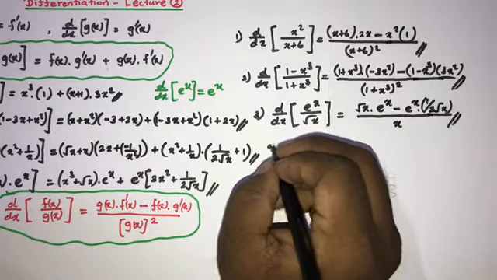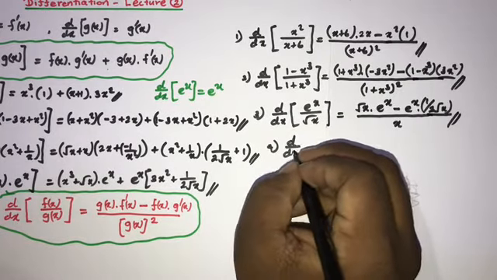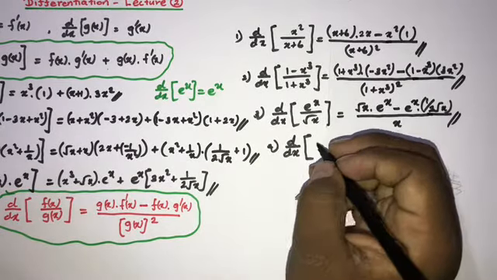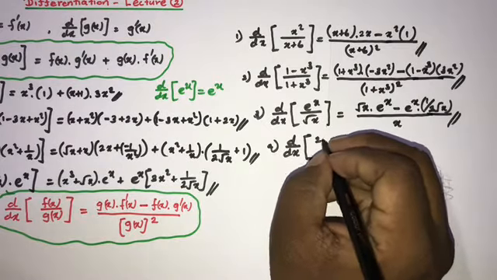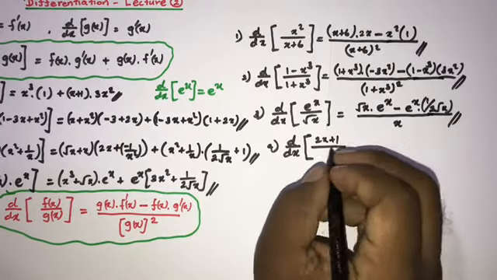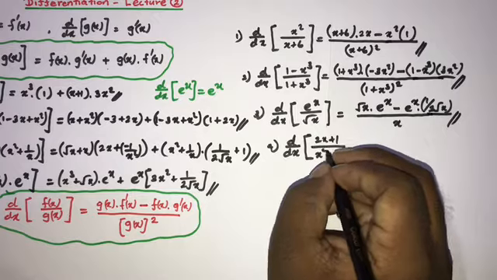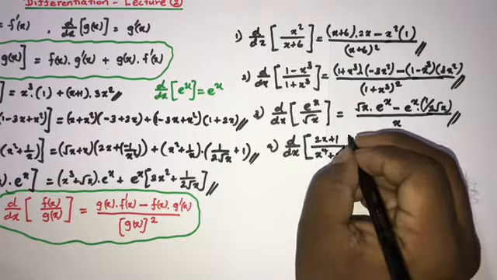Now example number 4, the derivative of 2x plus 1 over x to the 4th power plus x cube.